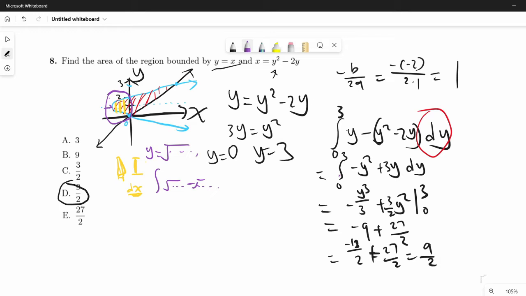It would be negative of that, so it would be plus, but it would be the below part. So that's a pretty hard part. Like this part is the same, right? This part, you will have the parabola minus the line.